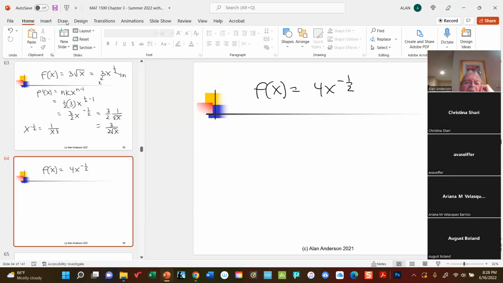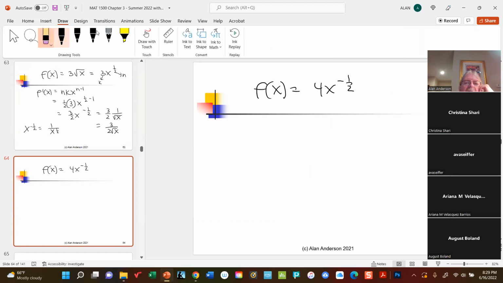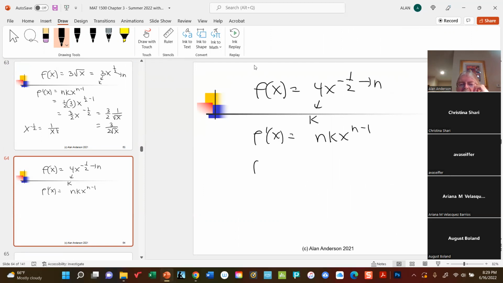Ooh, a negative exponent. All right. So we're going to have negative 1/2 times 4 times x to the minus 1/2 minus 1.